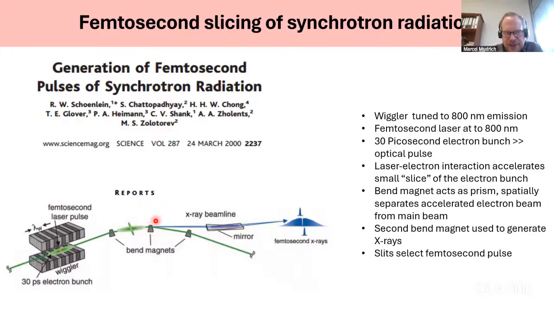So in this case, this middle bending magnet is the actual source of radiation. And here in the second bending magnet, now we have the two separated electron components, right? The main bunch that continues with its original energy is bent and emits its bending magnet spectrum.